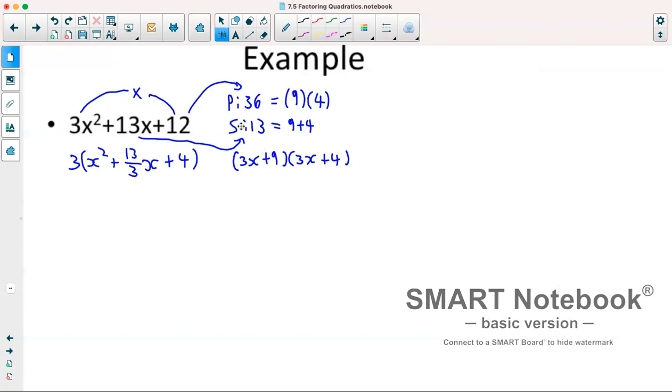So we're always going to have an extra factor of whatever number is in front here. So therefore, we will divide that out of one of our two brackets. I, for example, would divide out this one because I won't get a fraction here. So that gives me x plus 3 times 3x plus 4.